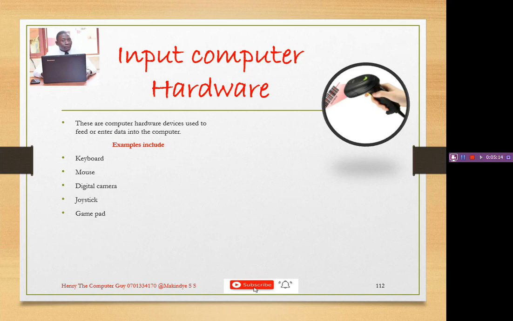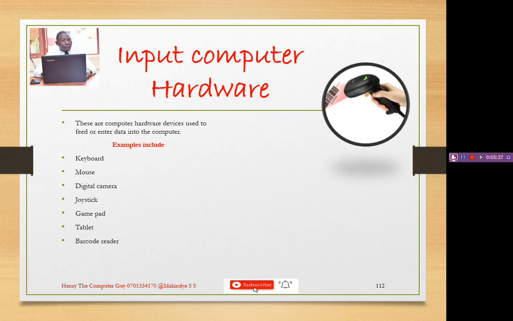Gamepad. You want to play a computer game, you need a gamepad. We are going to be looking at all these devices and how they look. We need a tablet. You want to draw an image, you can draw it on a tablet, then take it to the computer.